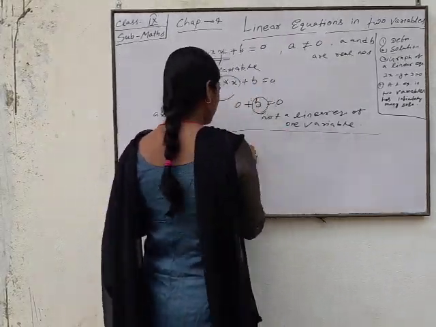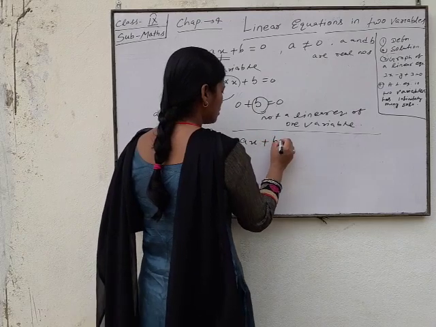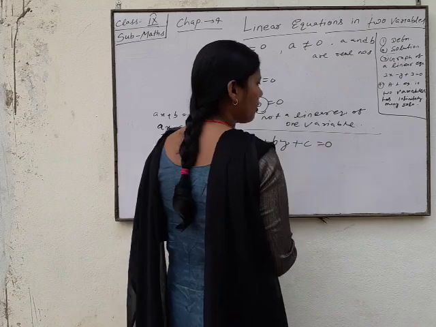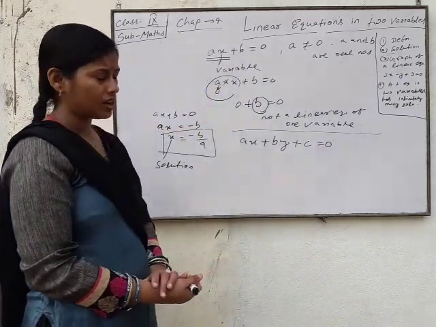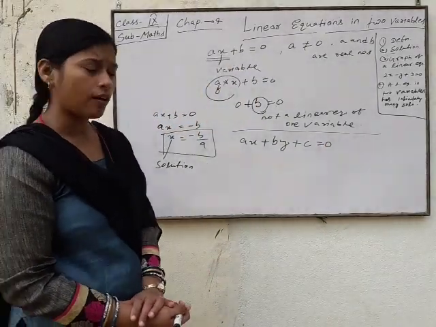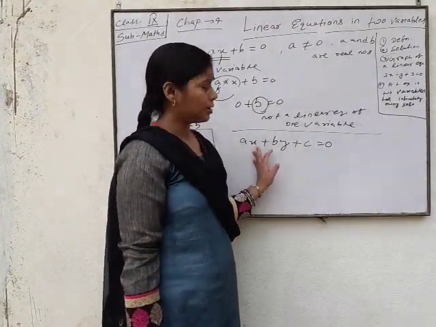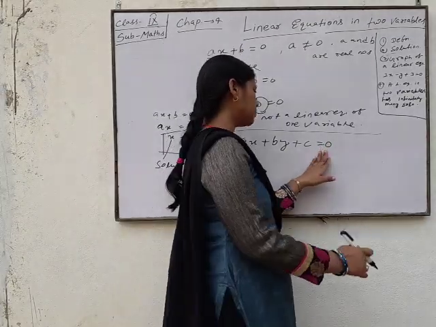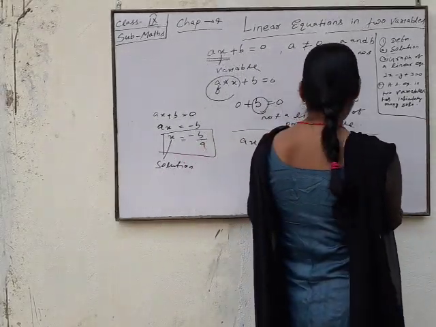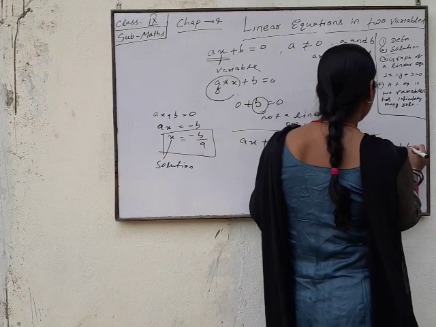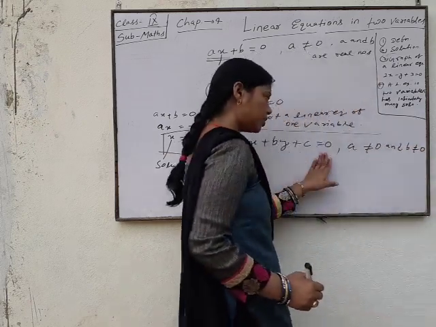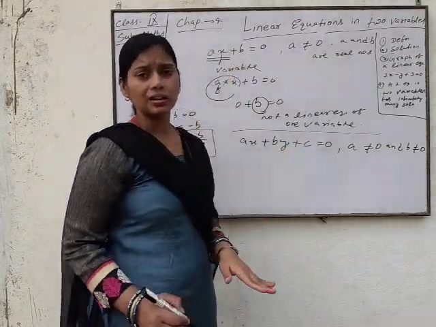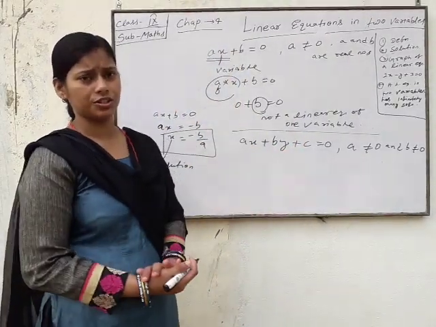Linear equation in two variables: ax plus by plus c is equal to 0, where a not equal to 0 and b not equal to 0, and a, b, c are real numbers.